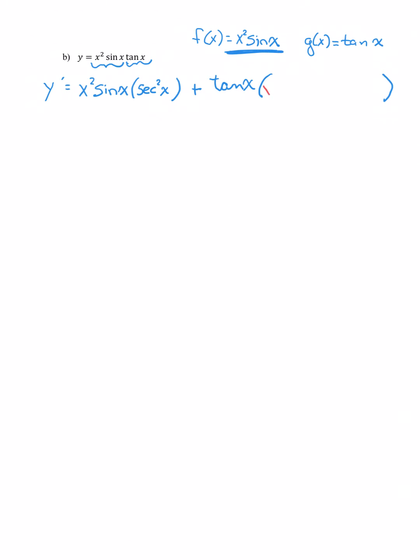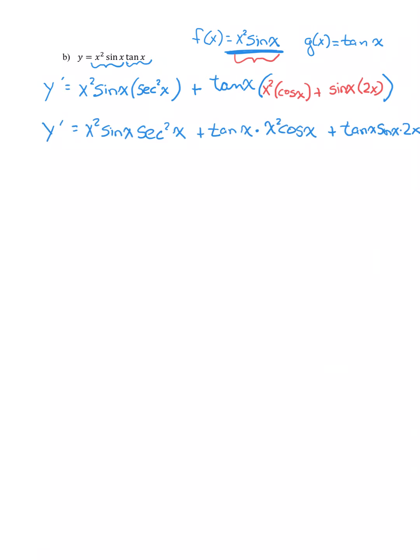We have x squared times the derivative of sine x, which is cosine x, and then we leave the second part of the function alone and take the derivative of the first part. Do you see how there's two functions within there? All right, very good. Let's keep on going.